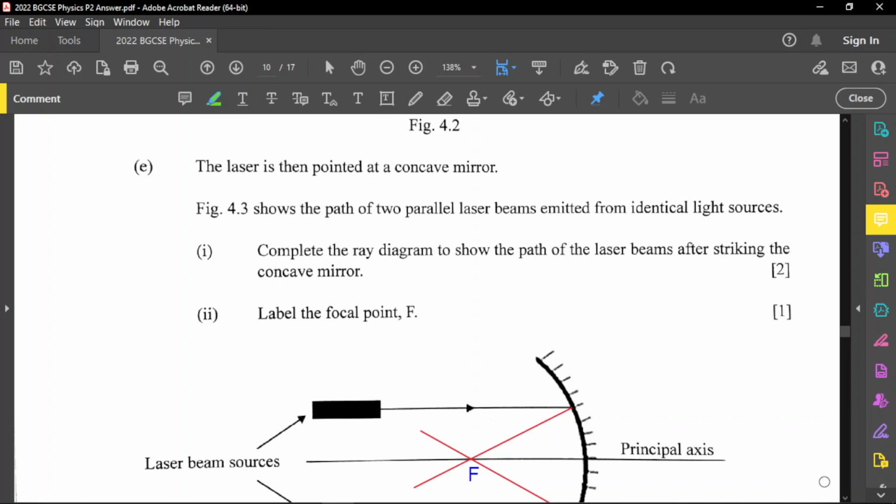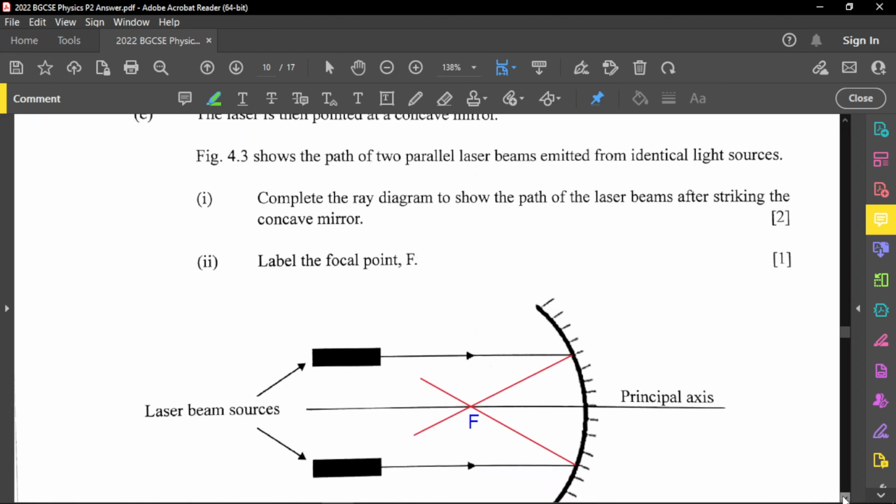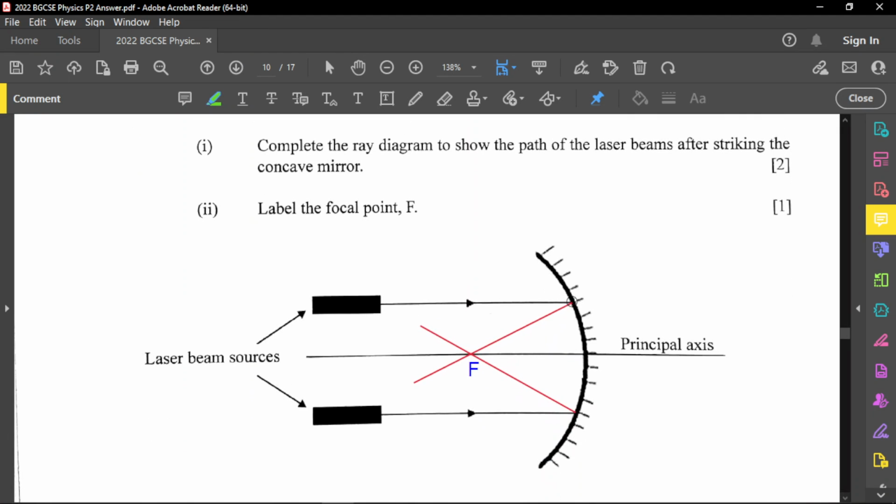And so the diagram will show us right here that once the rays are parallel, then they are going to reflect and they're going to converge at a point. And so here, if you notice, where they converge is actually the focal point. The focal length, we can't determine it unless they give us that or ask us to calculate it. It would be a different story, and we go through that another time.